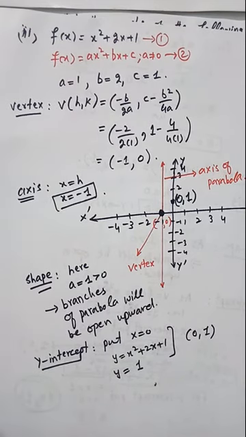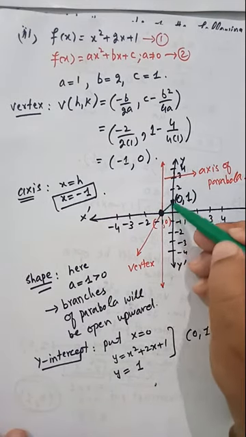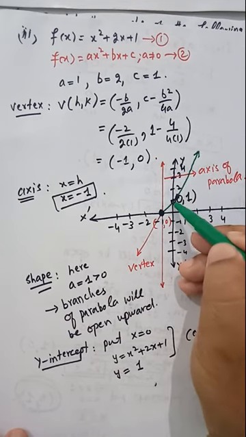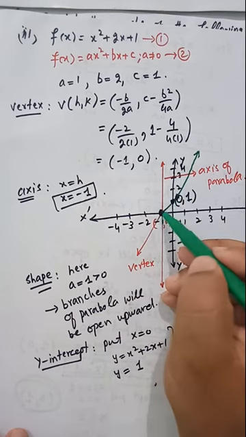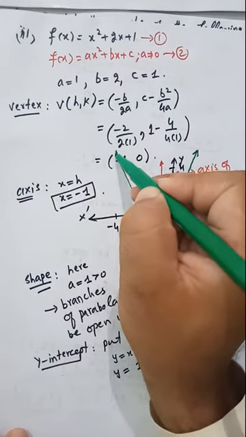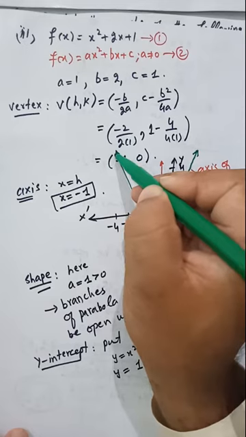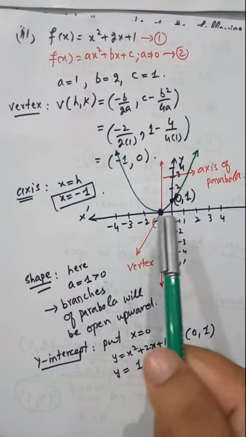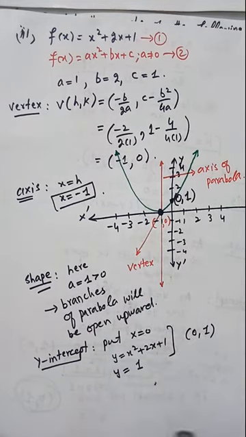So this must be the parabola. The branches are open upward. The parabola passes through the y-axis at this point, there is no other y-intercept, and the x-intercept is actually the vertex.